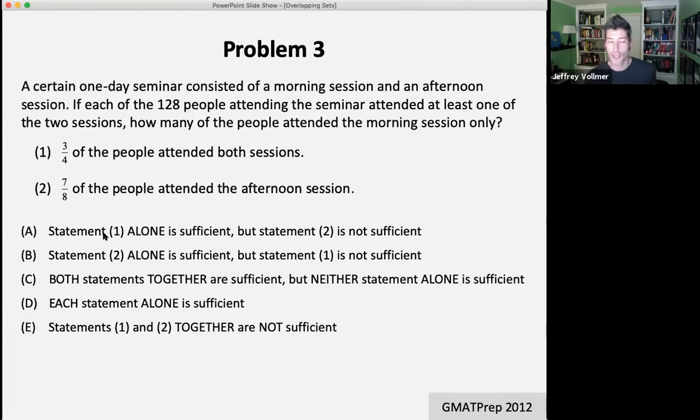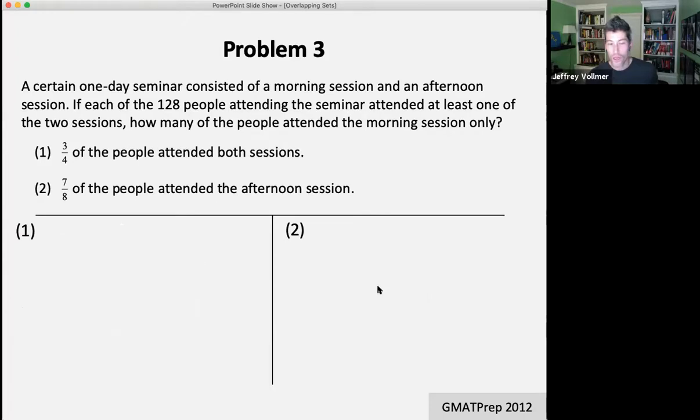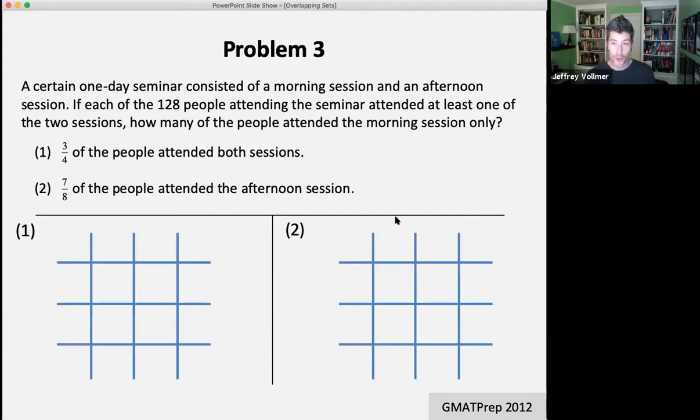So I'm going to hide the answer choices to clean up some of the screen and give me some space to work on statement 1 and statement 2. Now, what I would recommend is just drawing 2 grids, all right? And put all the stuff you can from the initial stem into both grids.